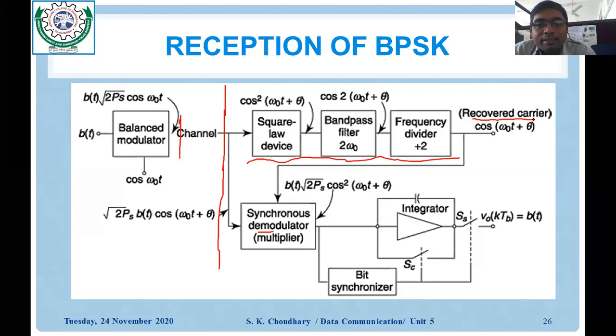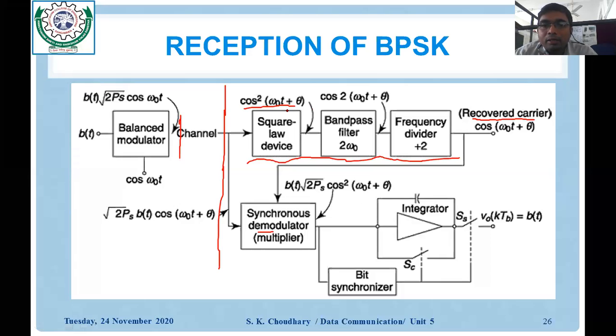First of all, what happens? This signal is applied to a square law device. The received signal has the frequency component omega naught t, and when it is passed through the square law device, this term is squared, meaning cos square (omega naught t plus theta). That is further written in mathematical form, and I will discuss this also.